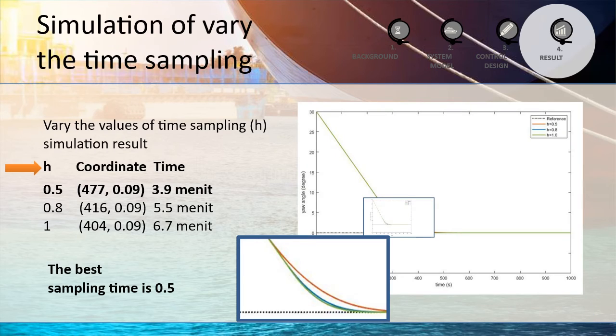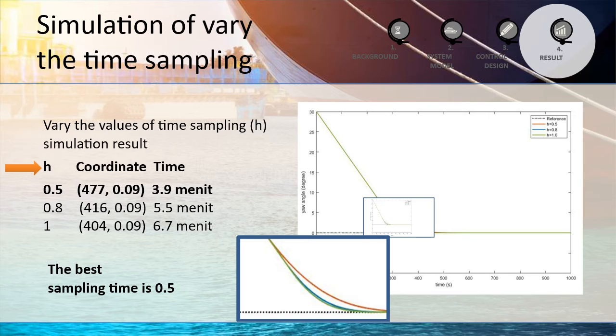The first simulation varied the values of time sampling h for the discrete process in Runge-Kutta. The variational values of time sampling are 0.5, 0.8, and 0.9. The first simulation result shows that the best value of time sampling is 0.5.